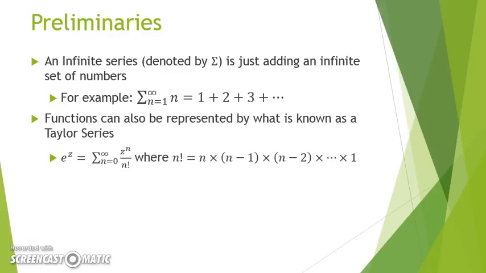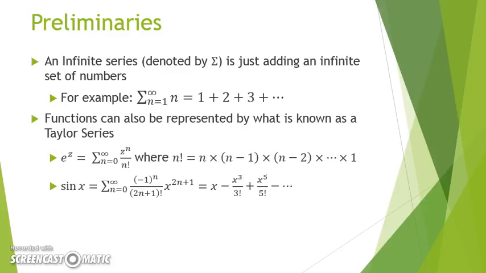So the first term in that series of e to the z would be z to the zero, or 1, and then the second one would be z to the first over 1 factorial, and then z to the second, or z squared, over 2 factorial, which would be 2 times 1, or just 2, and so on and so forth.